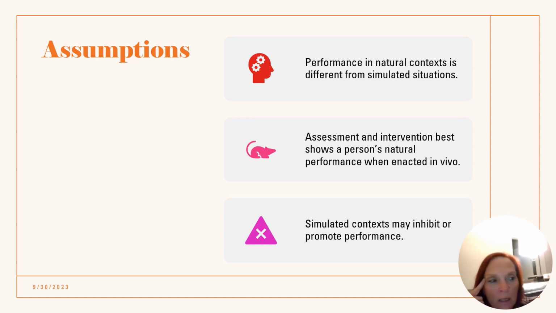What they're saying is by just doing it in a clinic is not cutting it. We need to really treat them in their environment. Simulated context may inhibit or promote performance. Sometimes maybe it would promote it if they're afraid to be in that environment. So sometimes you can look at it that way too.